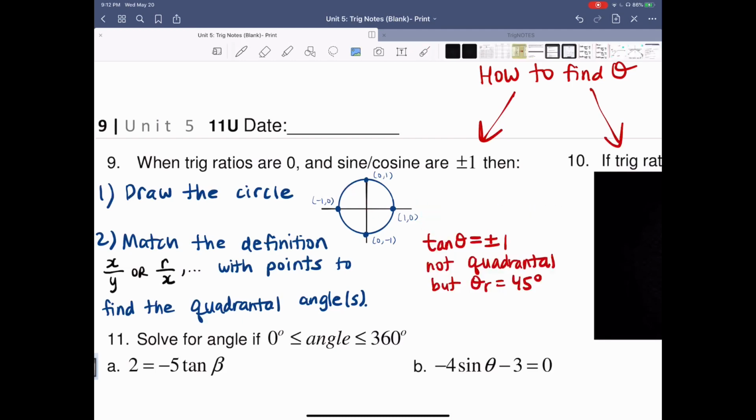And therefore, I'm going to write tan theta is equal to plus or minus 1. It's not quadrantal because it's not lying on the x or y axis, but the related acute angle is 45 degrees because this is when slope is 1 and slope is negative 1. And I hope you see what I'm talking about.